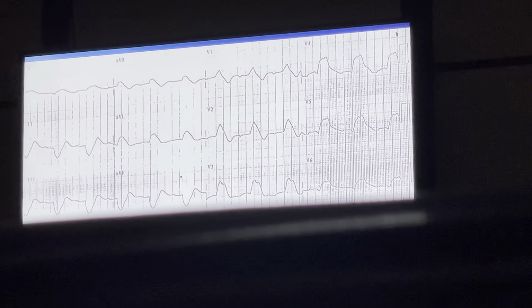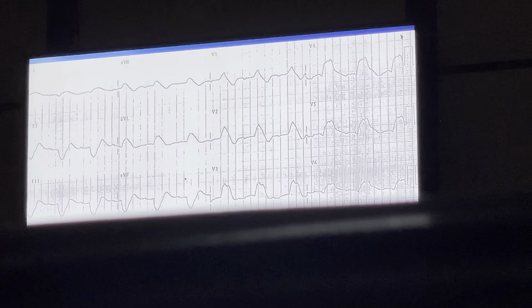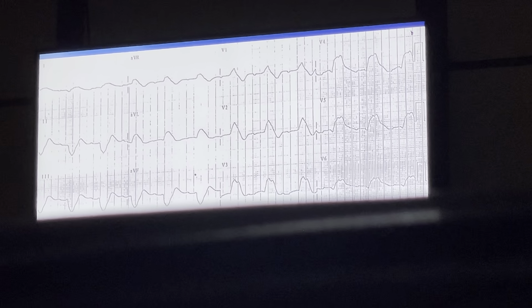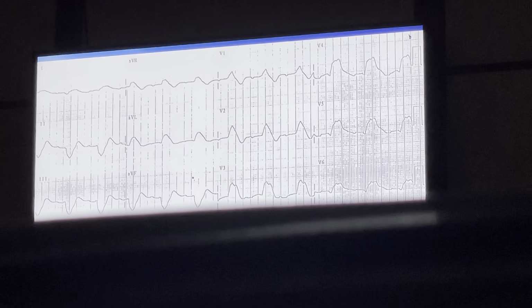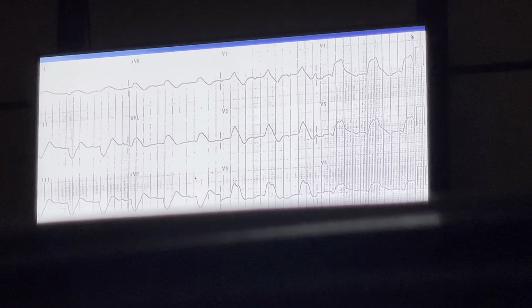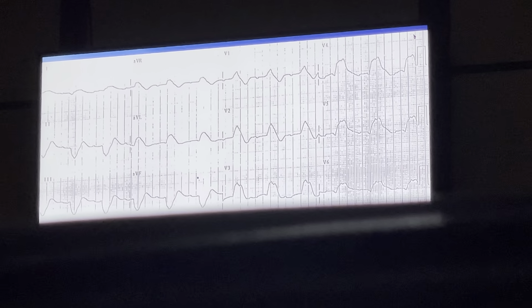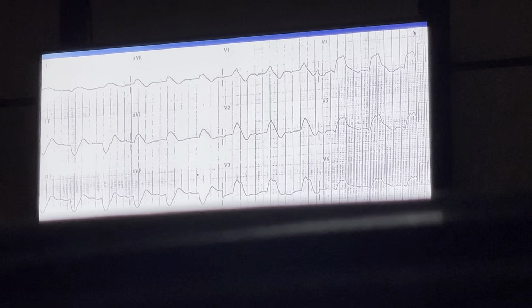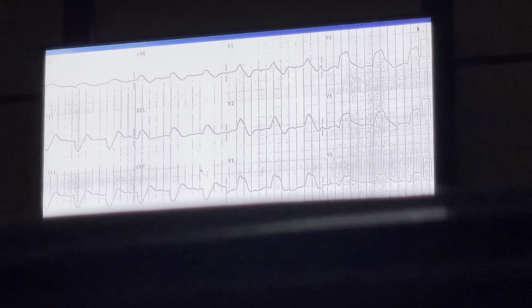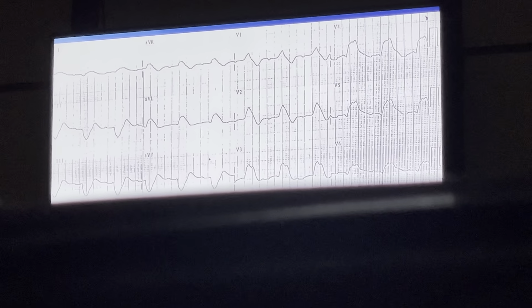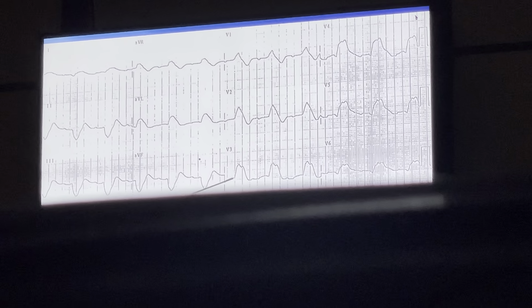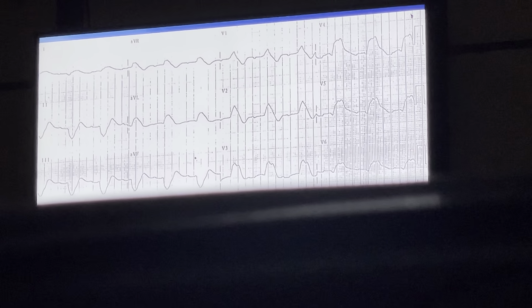One other important thing which I am going to tell you is, when QRS complex is more than 5 small squares broad, it is not isolated VT or isolated rhythm. It must be due to some metabolic cause. So first rule out the metabolic cause when QRS is more than 5 small squares broad.